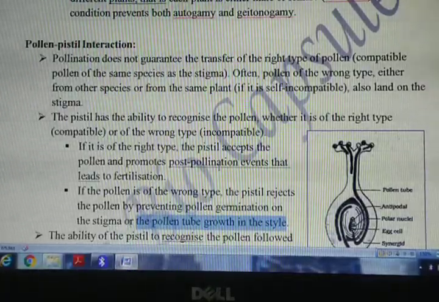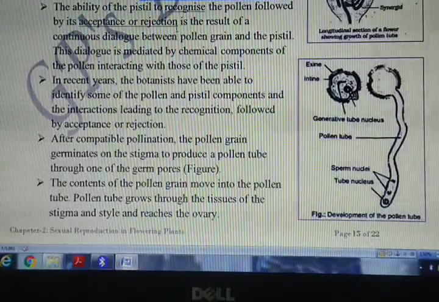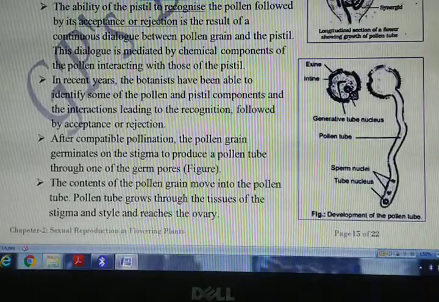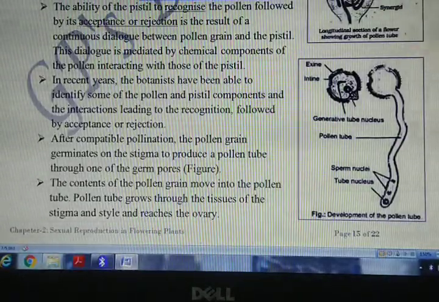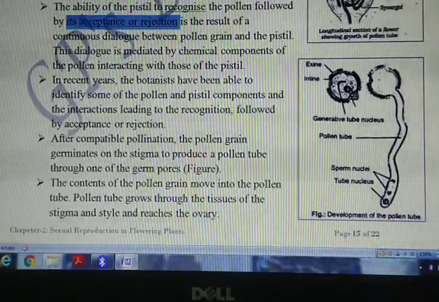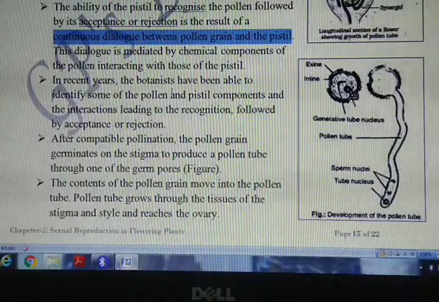Now this ability of the pistil to recognize the pollen, and then whether it is going to be accepted or rejected, is a result of a continuous dialogue between the pollen grain and the pistil, as I mentioned earlier.